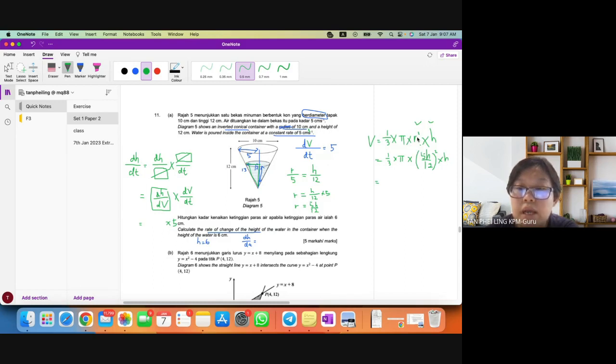And to substitute my r, I have to borrow the idea of similar triangle. Now let us simplify this first: 1 over 3 h pi, multiplied with 25h squared over 144. Okay, so let's do it.